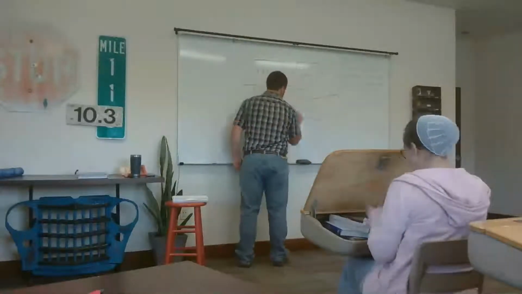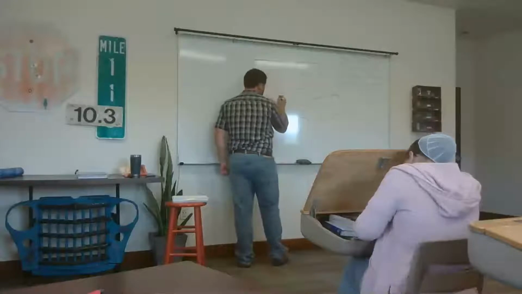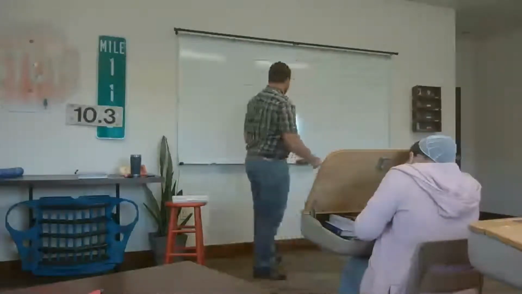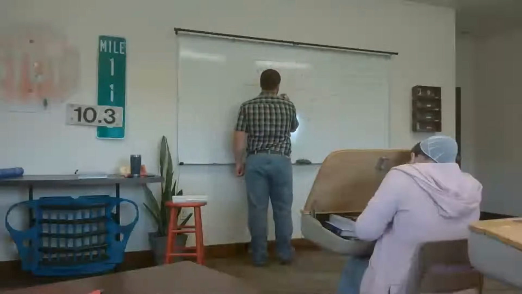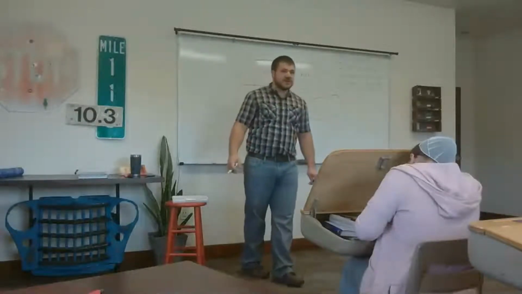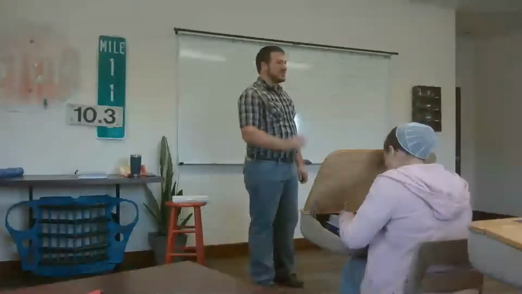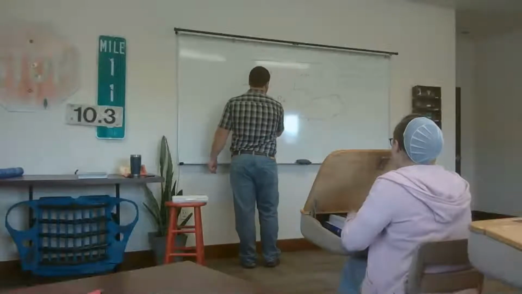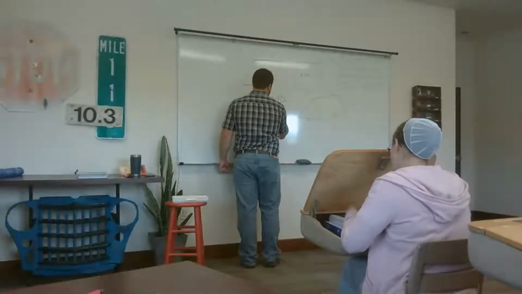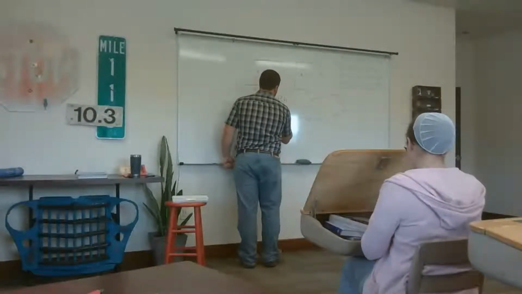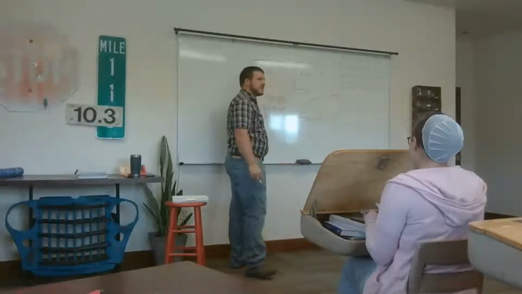V, because we're worried about volume now, not area. V equals capital B H. What does capital B stand for? Area of base. What's the area of base? 12, times 10. So volume, because we already figured out the area of the base was 12 times 10, and somebody already told me that'd be 120.